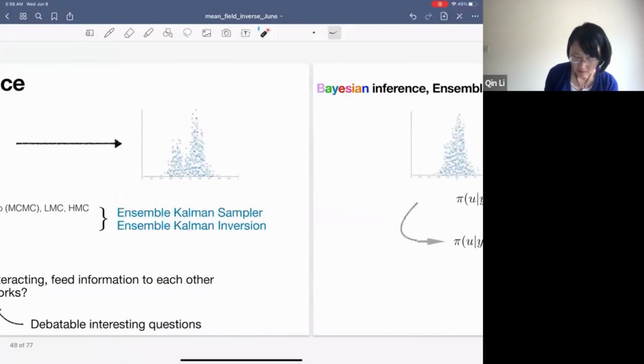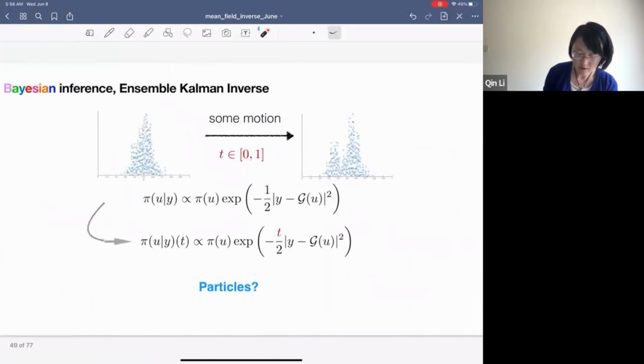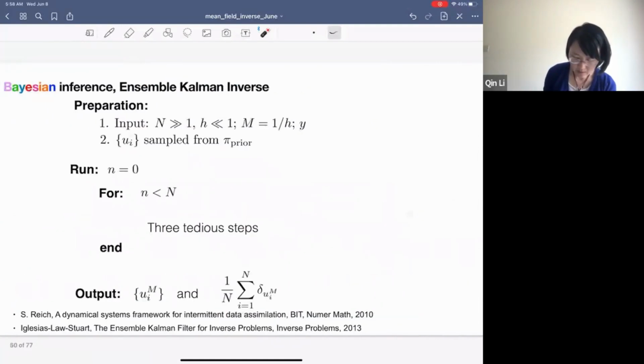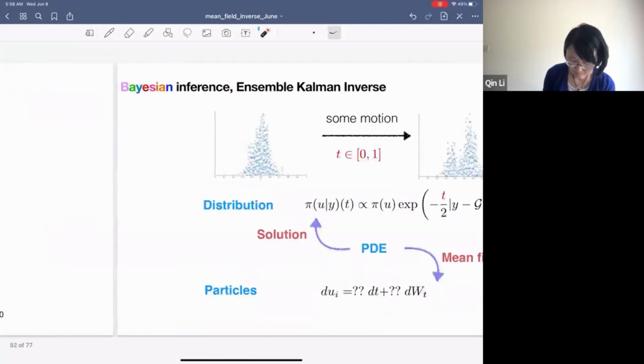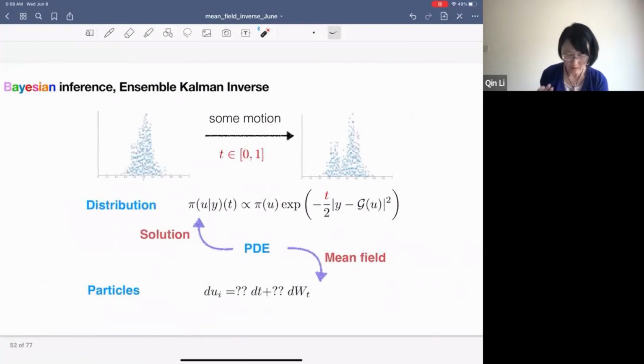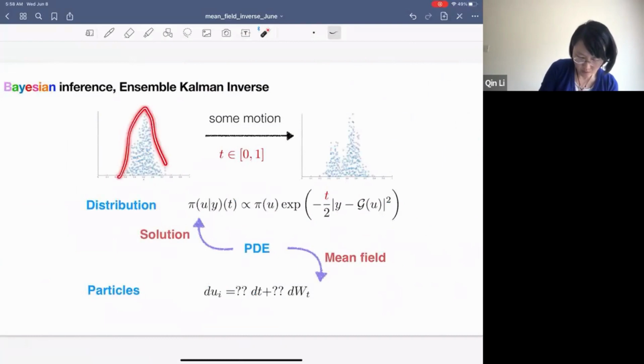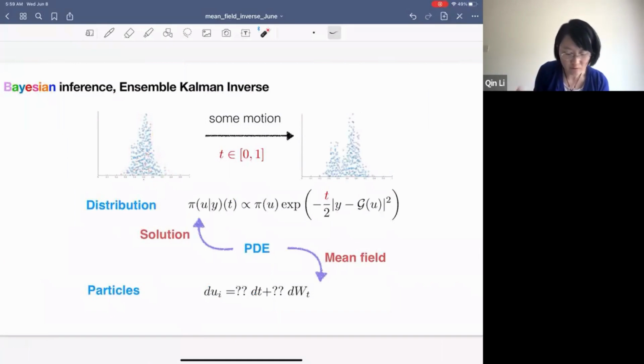So let's forget about the details. Let me just quickly summarize. The punchline is you have a target distribution which is represented by a function, and instead of drawing the function, you want to represent the function using the particles, and you induce some kind of motion.